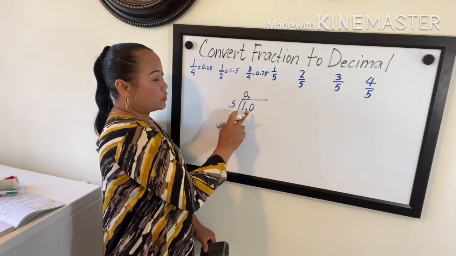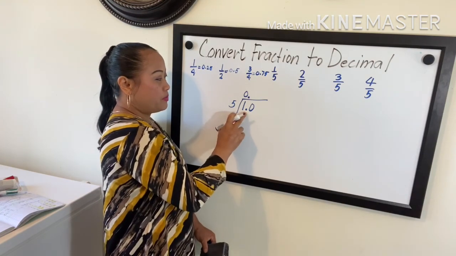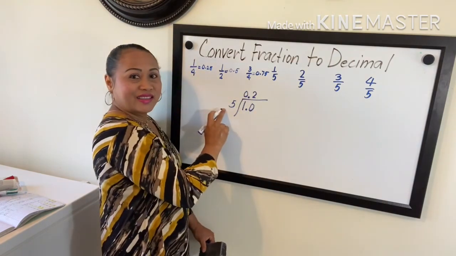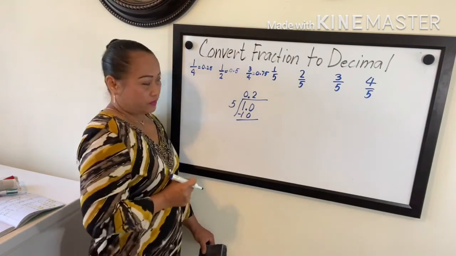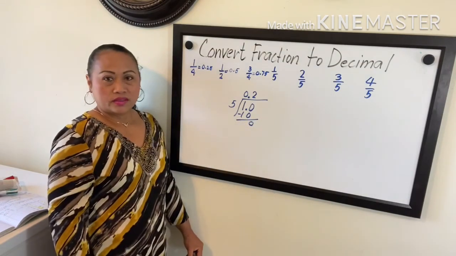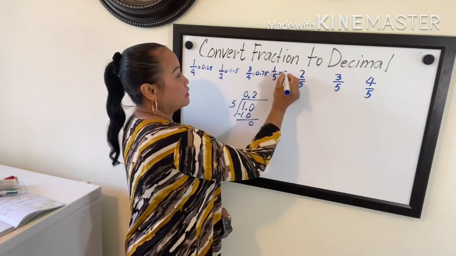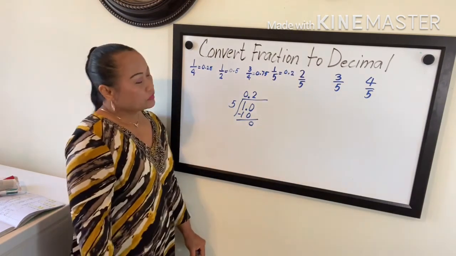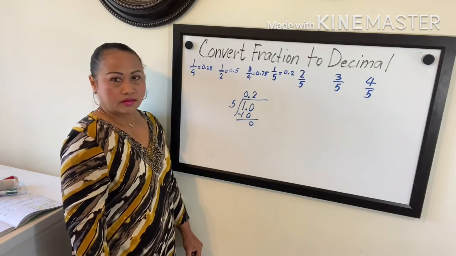How many 5 goes to 10? There are 2. 2 times 5 is 10. Now we will subtract. 10 minus 10 is 0. So our answer is 1/5 is 0.2, and read as 2 tenths. Okay.